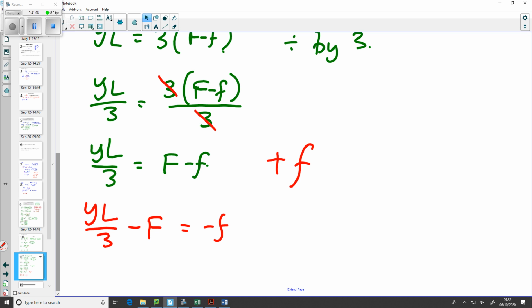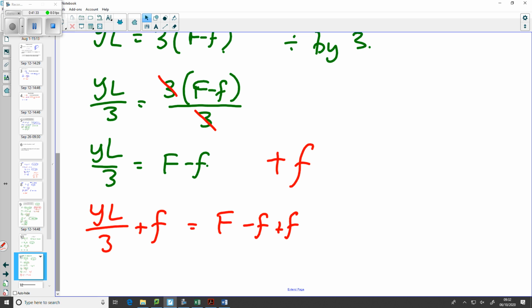Because what happens then is you end up with YL over 3 plus little f on that side, equal to f minus little f plus little f, and those two cancel. Now we've got f positive.